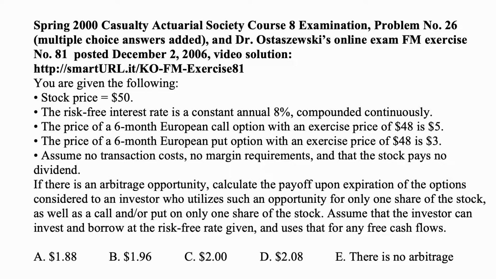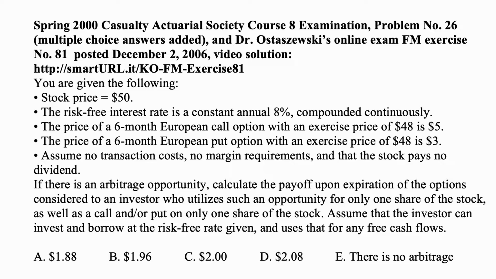You are given the following. Stock price is $50. The risk-free interest rate is a constant annual 8% compounded semi-annually. The price of a 6-month European call option with an exercise price of $48 is $5. The price of a 6-month European put option with an exercise price of $48 is $3. Assume no transaction costs, no margin requirements, and that the stock pays no dividend.